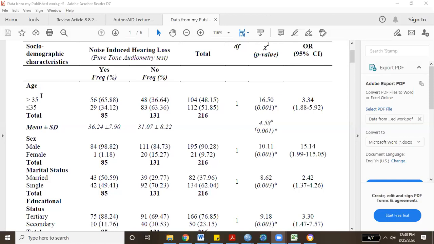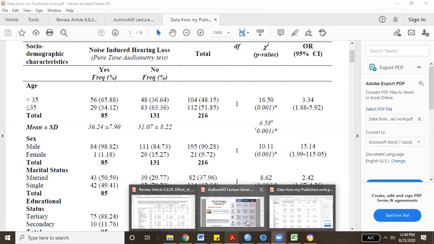So you see, with the way this table is, it is clearer to actually tell which group has more noise-induced hearing loss or which group has less, and the odds ratio and the 95% confidence interval are clearly written. Now, I would go back to the main article.